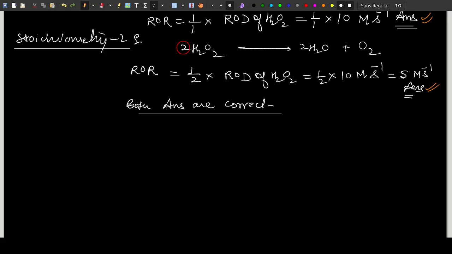So friends, we can say the rate of reaction depends on the stoichiometry.